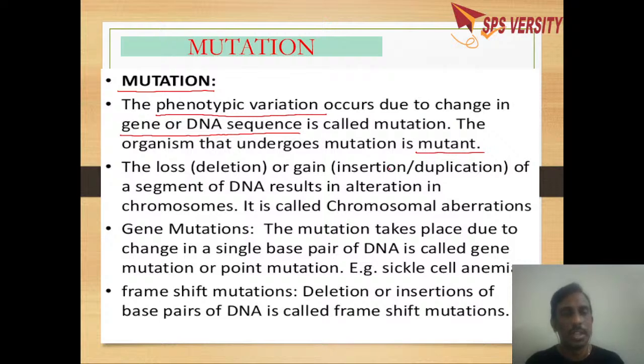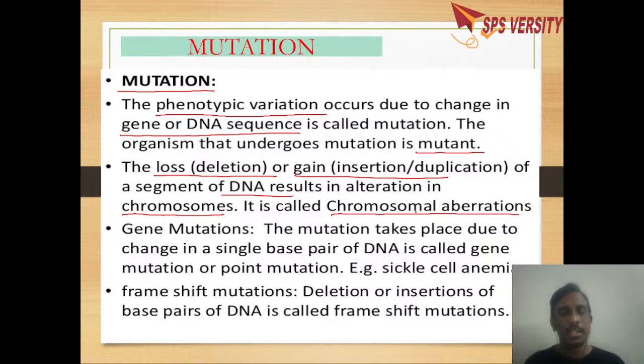For example, if there is a change in the structure of a chromosome, if there is loss or gain of a segment of DNA, these are called chromosomal aberrations. That is, a change in a chromosome is called chromosomal aberrations.